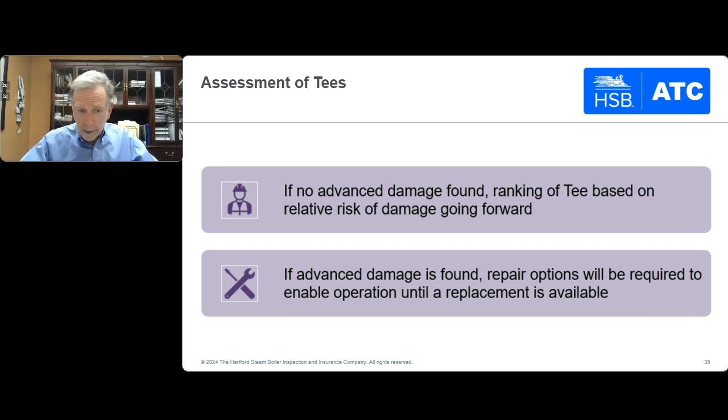What is the wall thickness in the crotch area? Is there reinforcement in that area? You're going to look at the material composition. You'll look at the indirect evidence of the processing history based on the hardness testing.